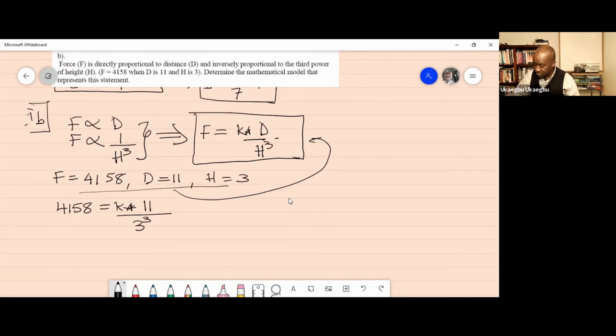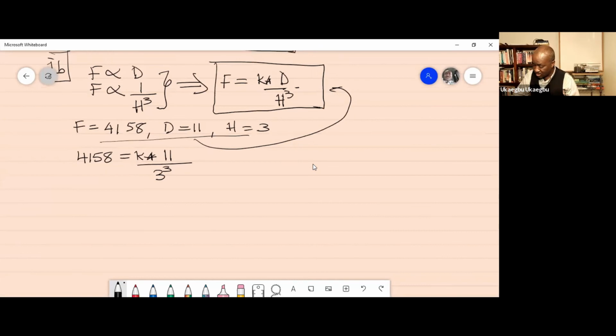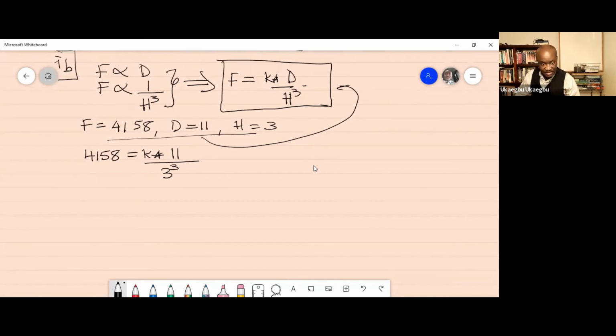At this point you have a choice. You can either simplify this, or you do cross multiply. I prefer to cross multiply, so that you know that it is a workable method.